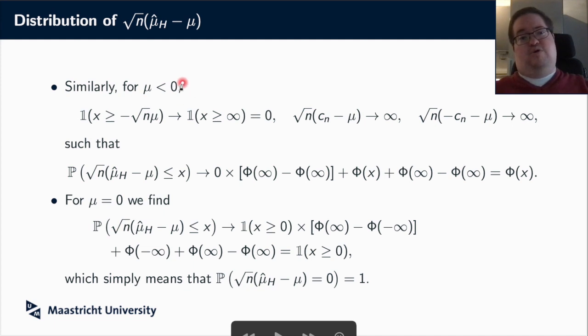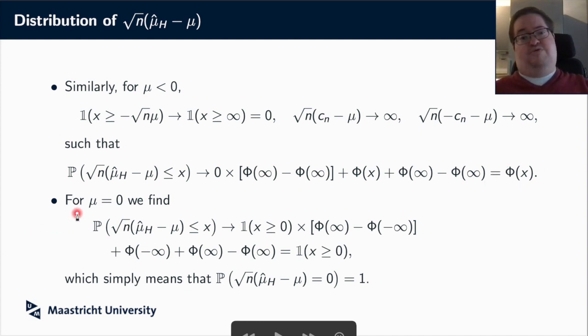We can do mu smaller than 0. Again, the same reasoning, but now all the terms are the opposite way. Our indicator function will converge to 0 because x will not be bigger than infinity. This term converges to infinity, and this term also converges to infinity. Again, you can plug everything in and you'll end up, unsurprisingly, with phi of x.